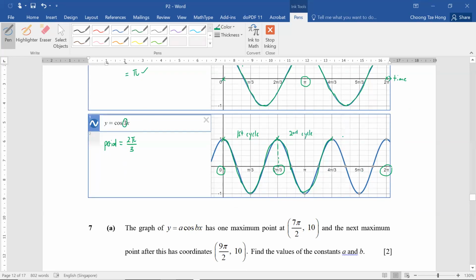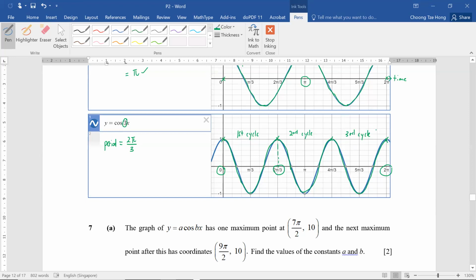This will be the second cycle. Then from the maximum, go down to the minimum, go back up to the maximum. This will be the third cycle. So indeed, where the number is 3, we will have 3 complete cosine waves between 0 and 2 pi.